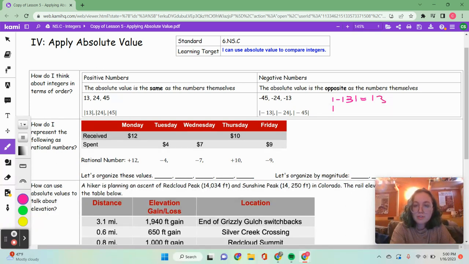And the absolute value of negative 24 is 24. So remember, all that we're caring about is distance from 0 for the absolute value of magnitude. Absolute value of negative 45 is 45. So that's them in order, right? Because negative 13 is closest to 0, and then negative 24, and then negative 45.